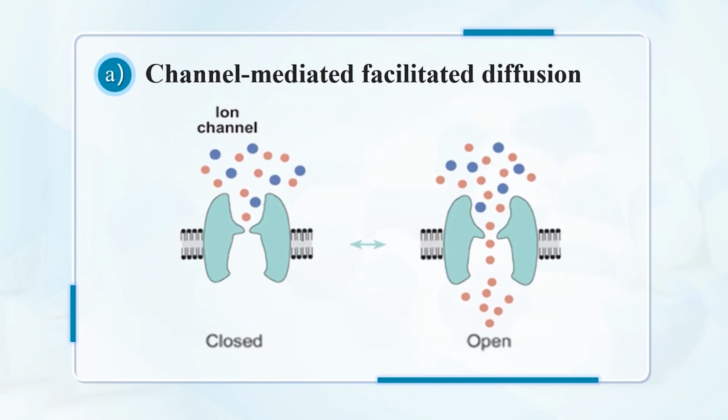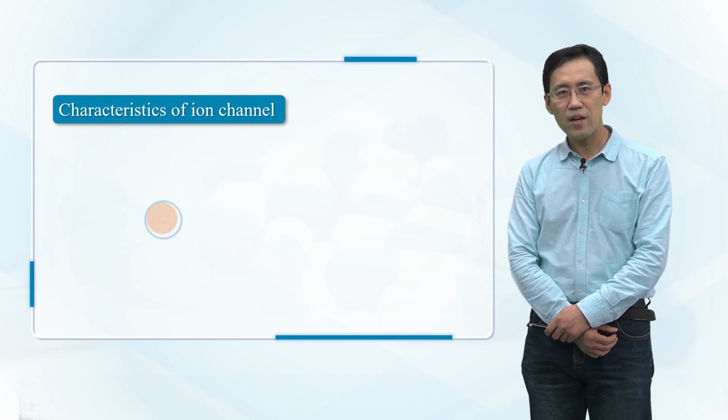Let's see the picture of a channel. When the channel is closed, the ion cannot pass the membrane, and when the channel is opened, the ions transport from one side to the other side along the chemical gradient.